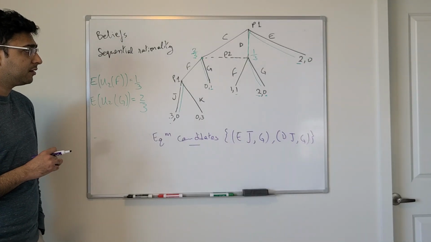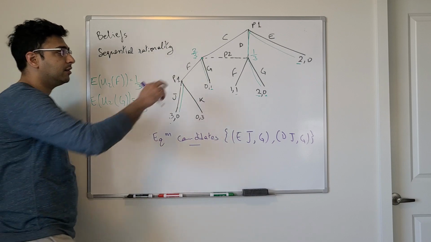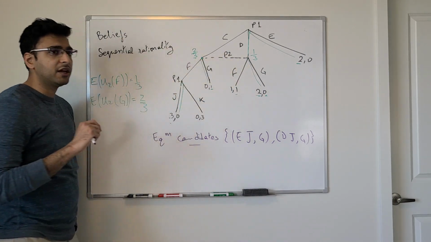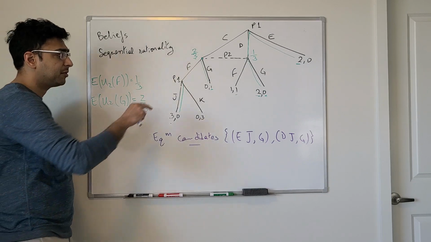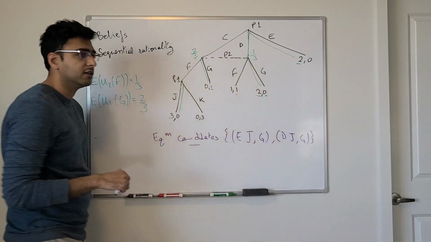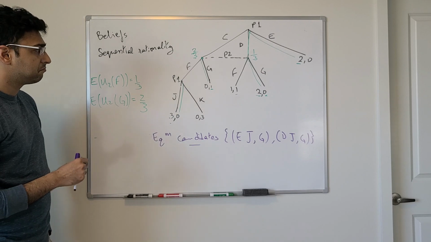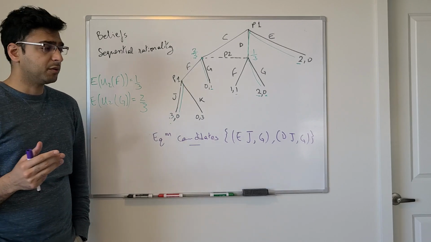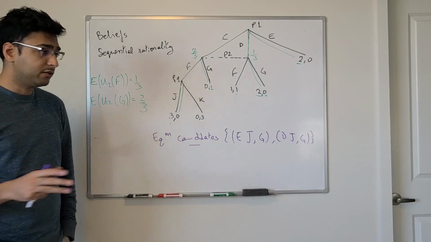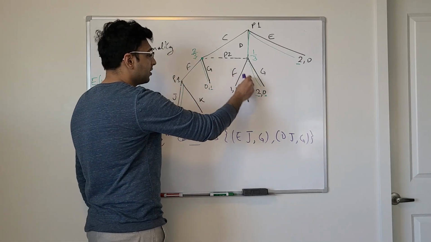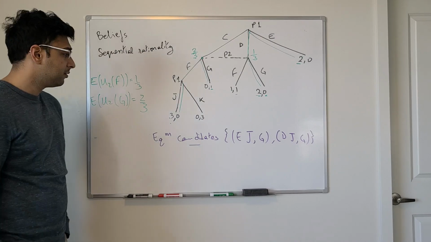But if either C or D is ever played, then they must be played in some ratio 2/3, 1/3. Otherwise, player 2's beliefs will be wrong. Or at least they must be played in a ratio such that it allows player 2 to continue to play G. Right?